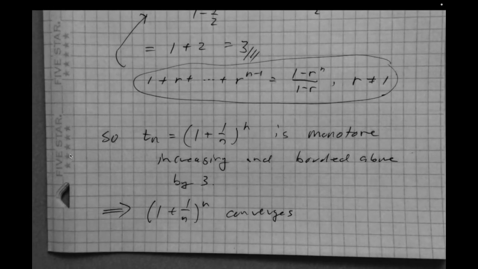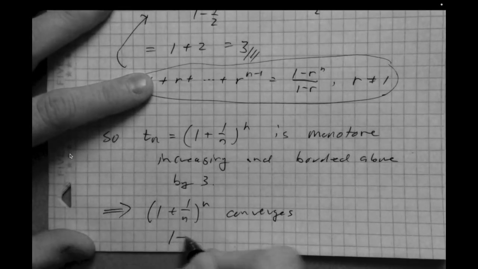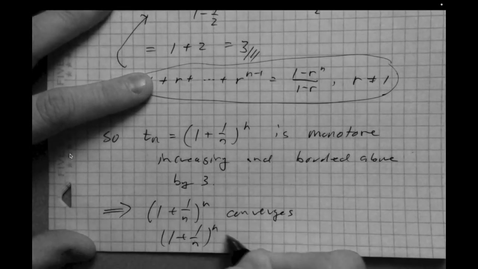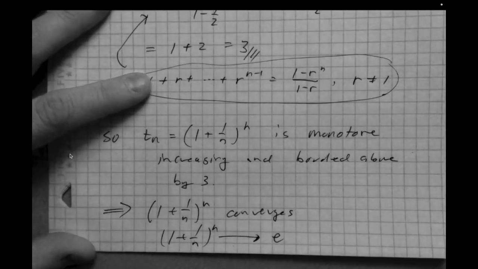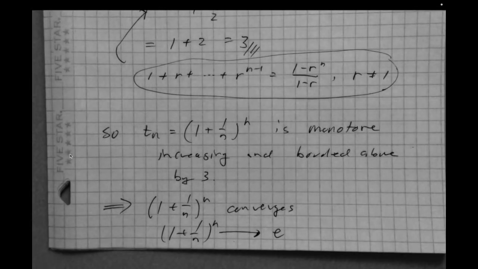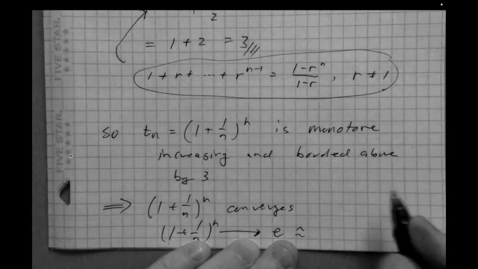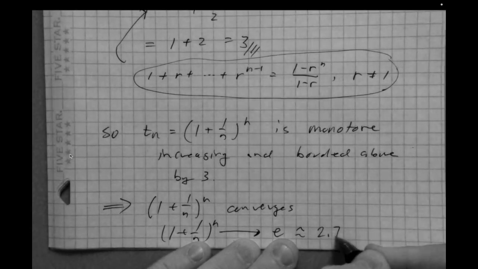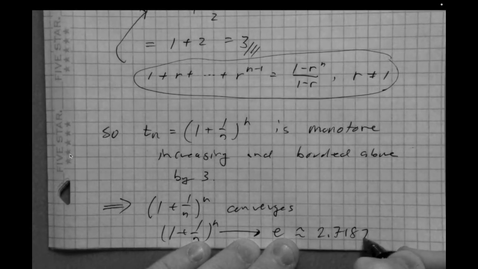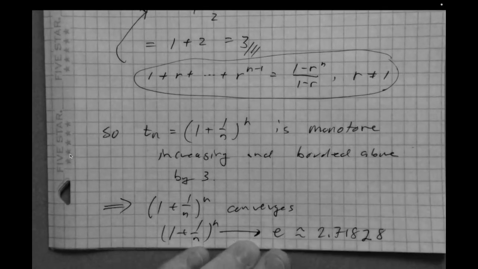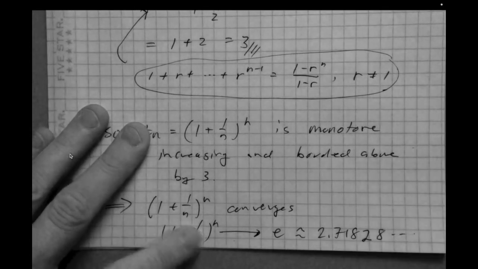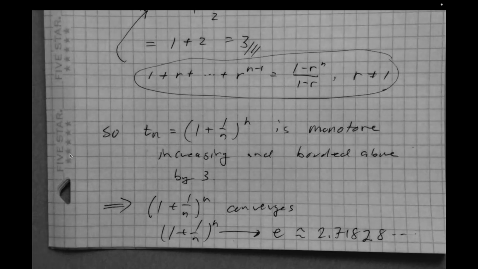Okay, now it turns out that (1 + 1/n)^n, as I said at the onset, converges to the Euler number, which is approximately 2.71828, I think. Obviously, it goes on forever.